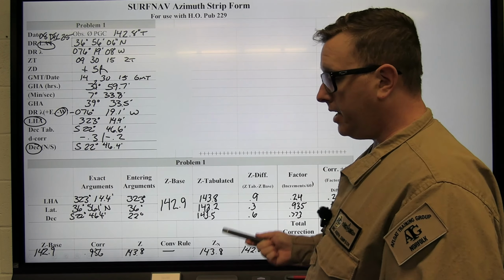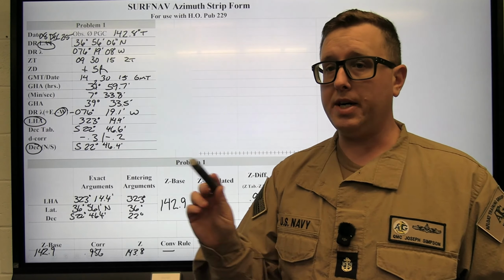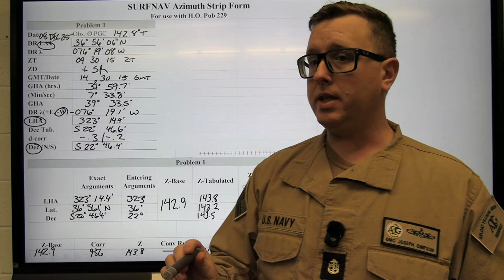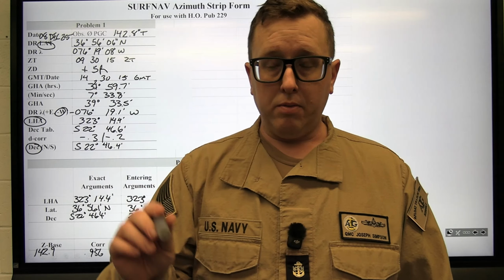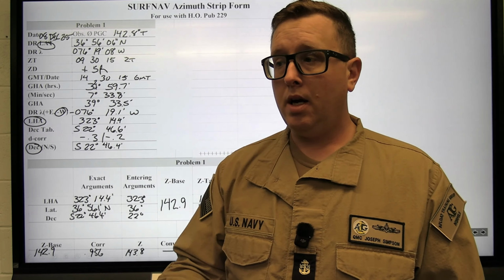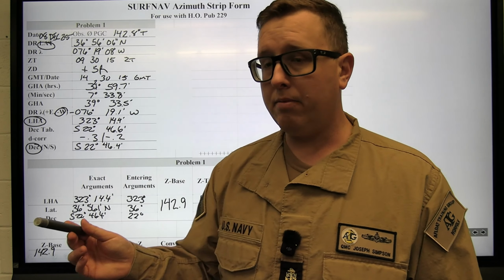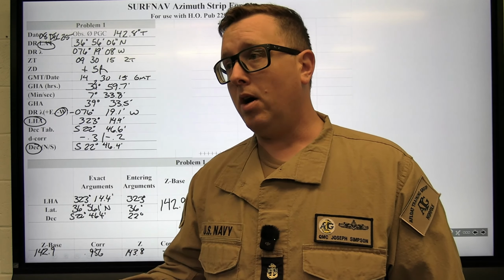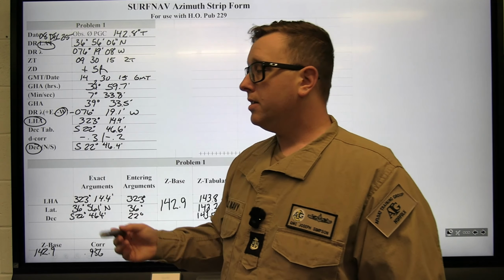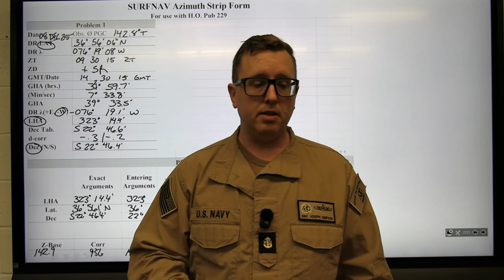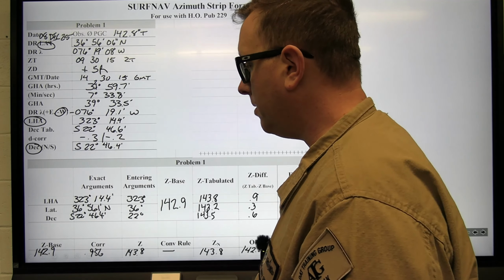That stuff is a computer. Computers are awesome. You get it right down to the second or the minute point degree, but it's valuable and it will stop. And I say that because ships lose power. Ships have problems. Not all the ships, a lot of our great ships are great. But to know this information, you can't say you can't do a day's work of navigation. That's all I have to say about that.